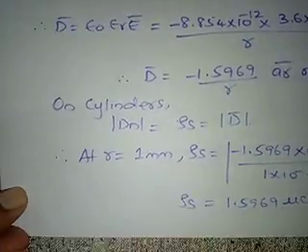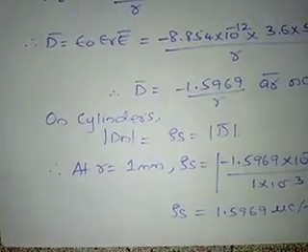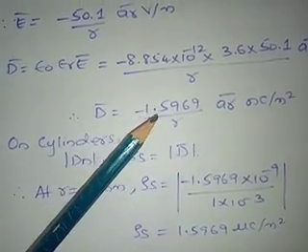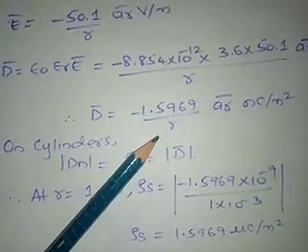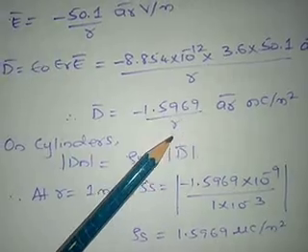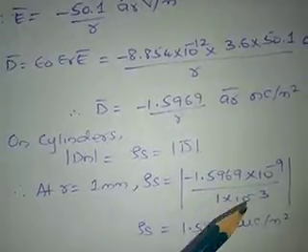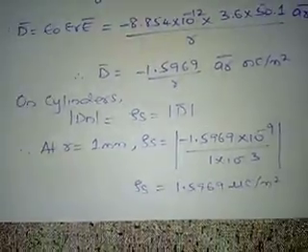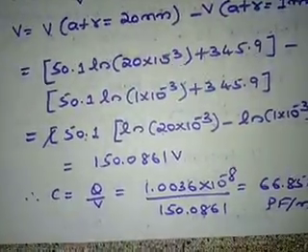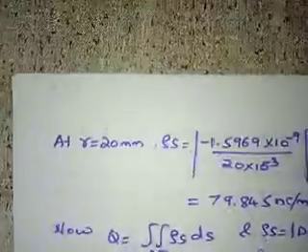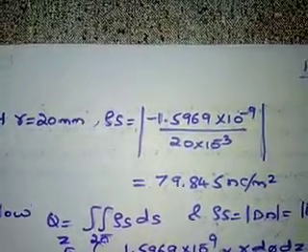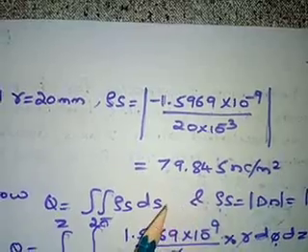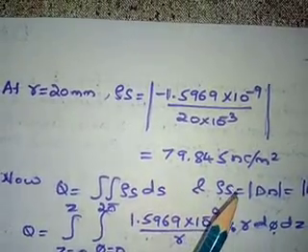So at r equal to 1 mm, rho s is equal to D bar, it is 1.5969 into 10 raised to minus 9 divided by r. r is 1 into 10 raised to minus 3, that will be 1.5969 microcoulomb per meter square. Then at r equal to 20 mm, rho s is equal to 1.5969, absolute value, into 10 raised to minus 9 divided by 20 into 10 raised to minus 3, that will be 79.845 nanocoulomb per meter square.